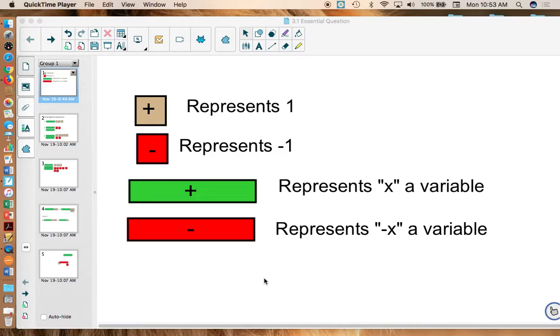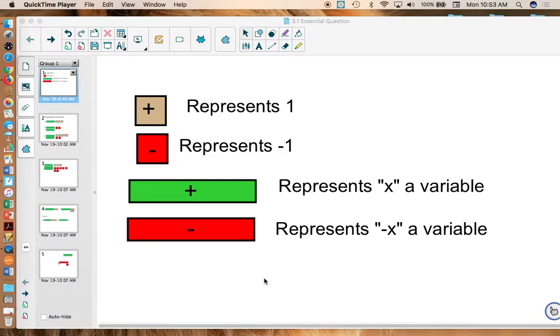A negative 1. Now, you have the long, skinny rectangles. The long, skinny rectangles represent either a positive variable, being the green, or a negative variable, being the red side. They have dual sides, so we can flip them over for whatever we need.